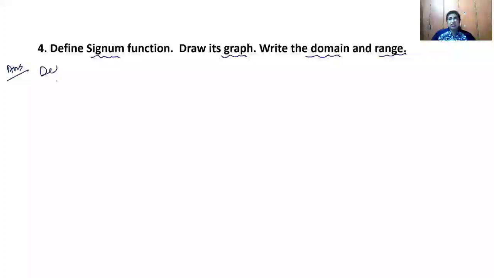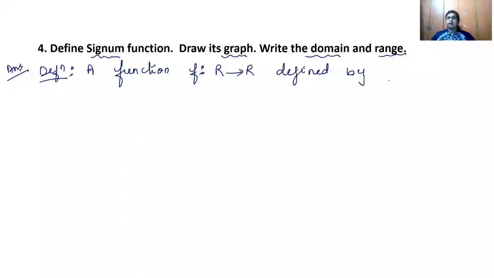The definition tells us a function f from R to R defined by f of x is equal to 1 for all the numbers greater than 0.